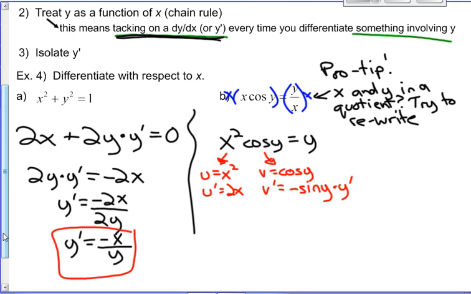And all that work is just getting it set up for the product rule. Okay, so we're going to have u prime v plus u times v prime equals the derivative of y, which would be 1 times y prime.